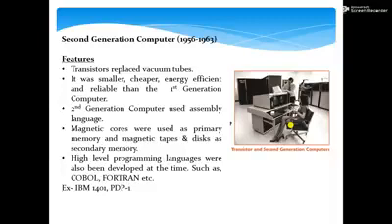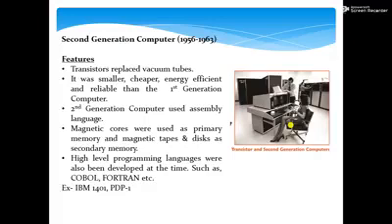Second generation computer used assembly language. An assembly language is a low-level programming language which was used in second generation of computer for processing or for programming. Magnetic cores were used as primary memory and magnetic tapes and disks as secondary memory.